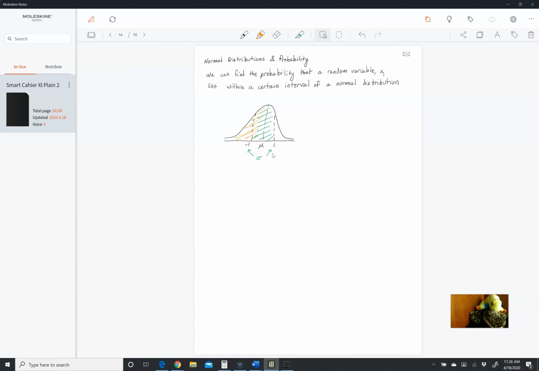So we're going to work through some examples, and we're going to use those z-scores again, because those z-scores tell us what percentage of the area falls beneath or before a certain standard deviation.